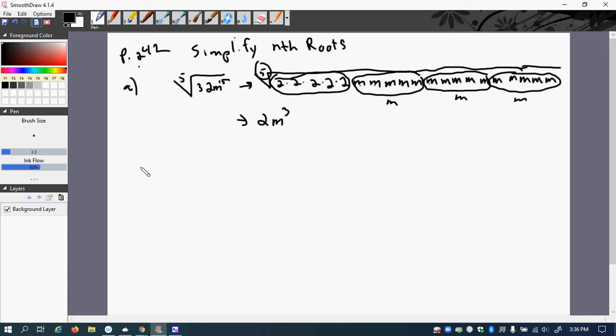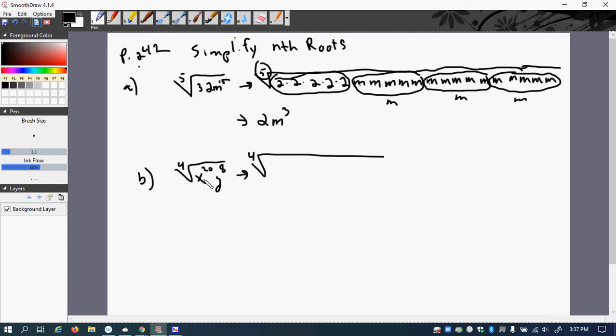If you do the B, the B was the 4th root of x to the 20th y to the 8th. Instead of writing them all out, because we're starting to see this idea, we could write them in groups.